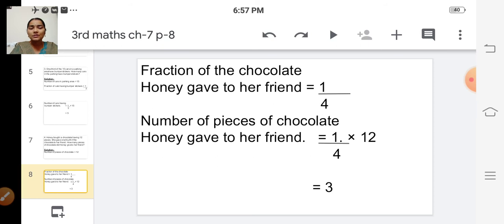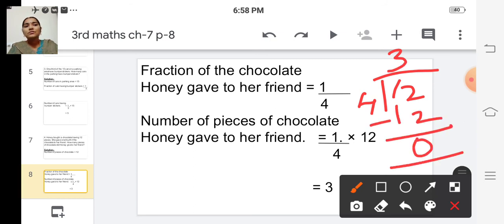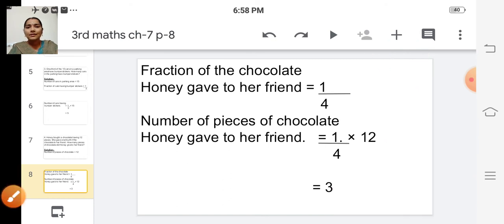So we can write 1 by 4 into 12. If we divide also, we get the same answer. So divide 12 by 4. So 4 threes are 12. So Honey gave 3 chocolates to her friend. Okay. Is it clear, children?